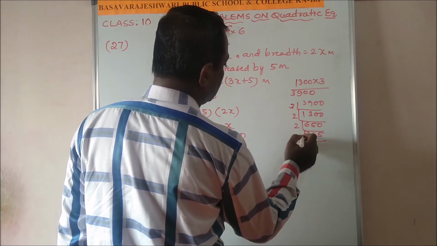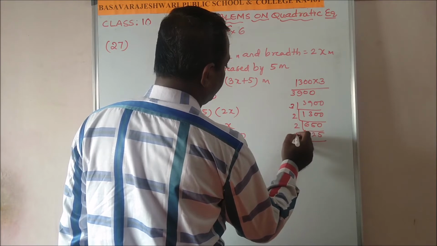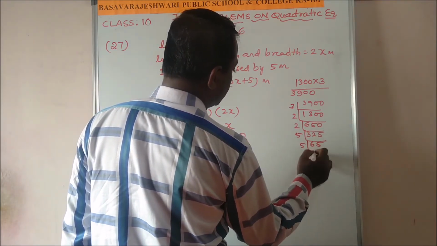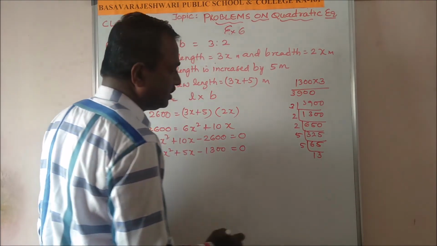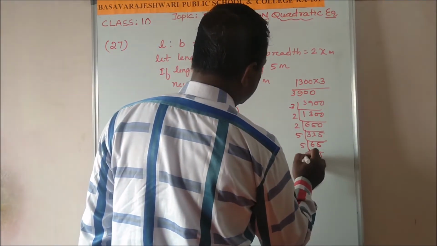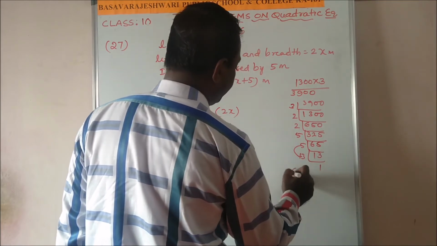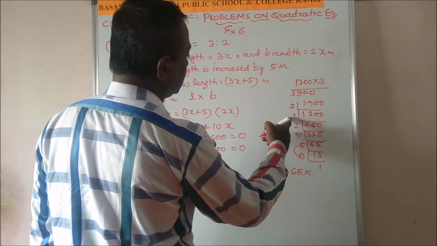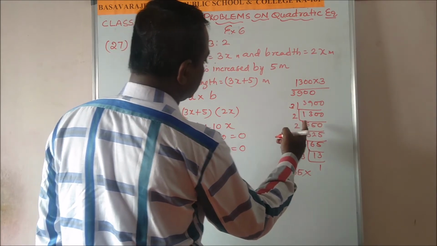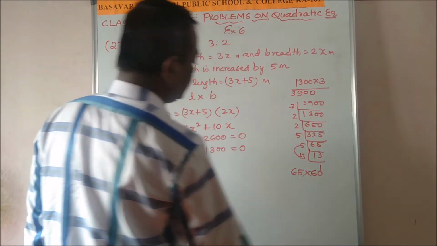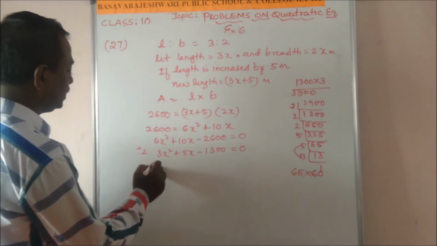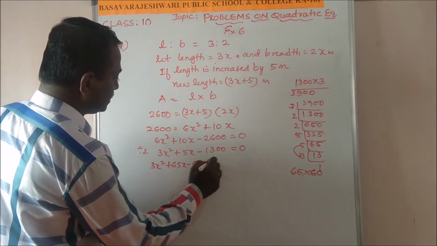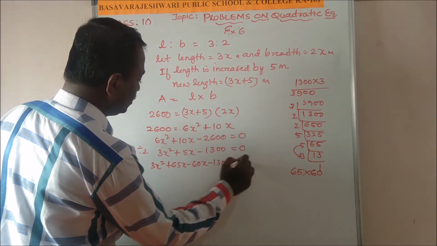So 5 6s are 30, 2 remains, 5 ones, 5 threes, so 13. 13 5s are 65, into 5 to the 10, 10 to the 20, 65 into 60. So 3x square plus 65x minus 60x minus 1300 is equal to 0.